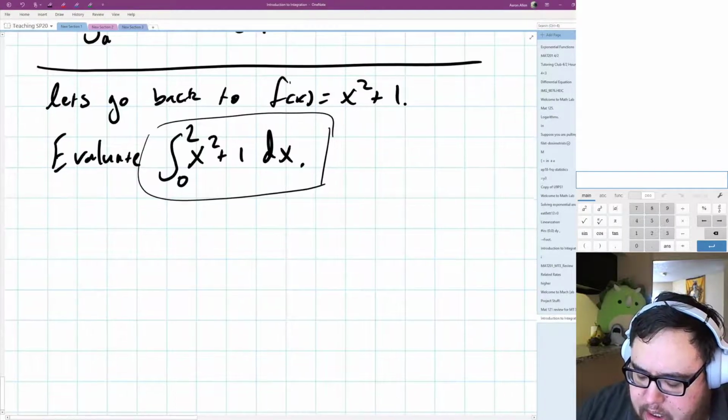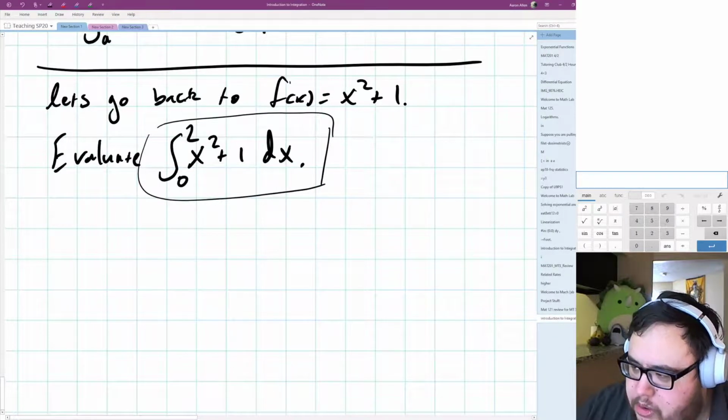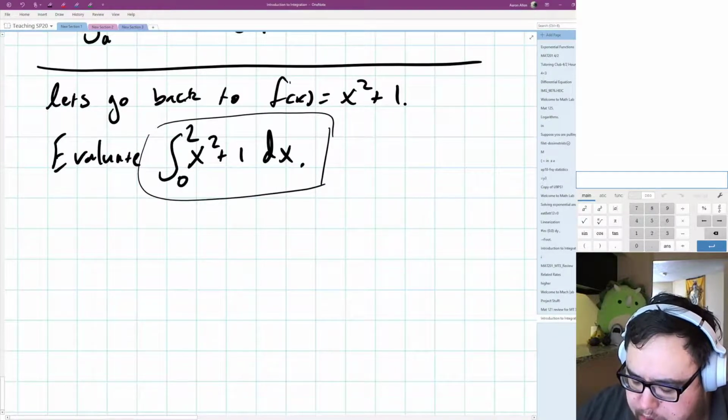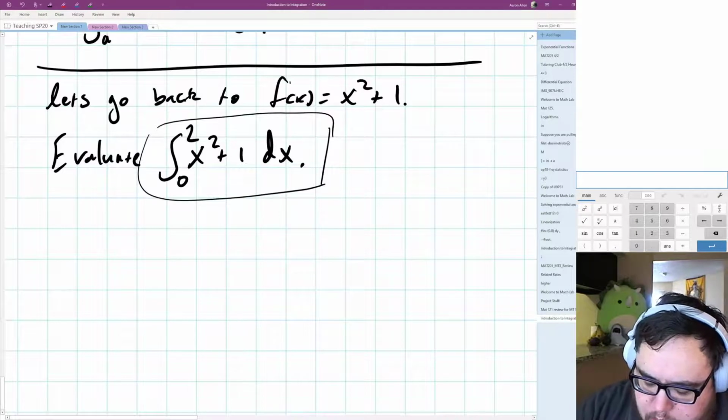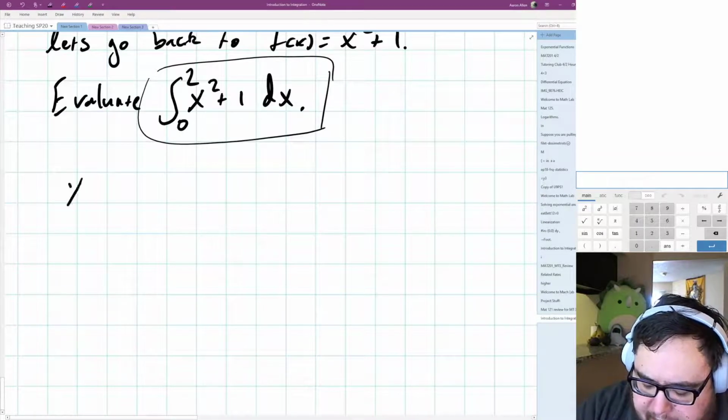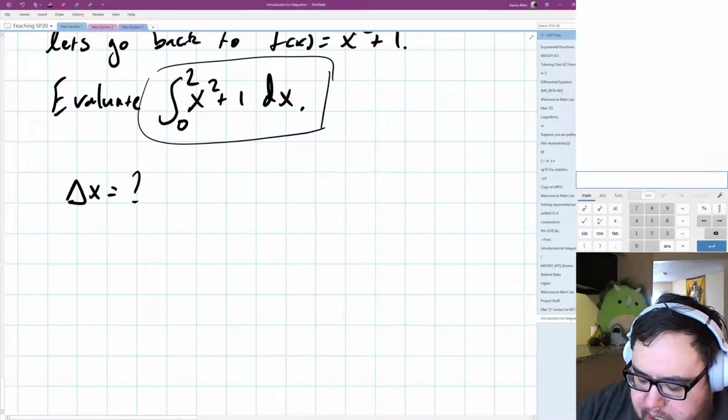And in order to evaluate this using the Riemann sum, we should set it up appropriately, right? So we need to identify what delta x is, and we need to identify what x sub n is.